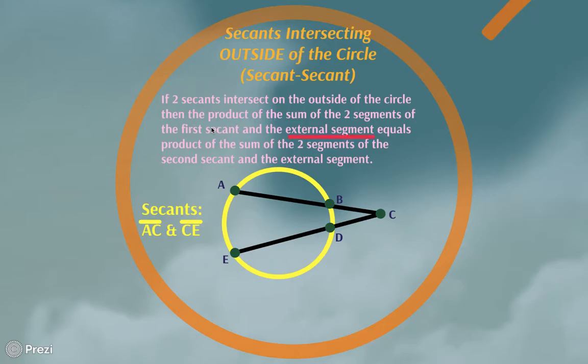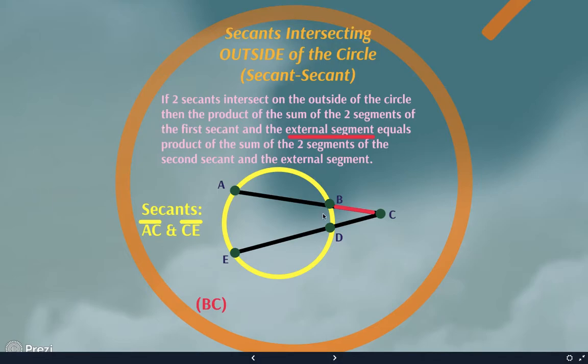Basically, we're going to multiply the external segment by the length of the entire secant. Two segments are within secant AC, AB and BC, so if I add AB to BC, that gives me the length of the entire secant AC.